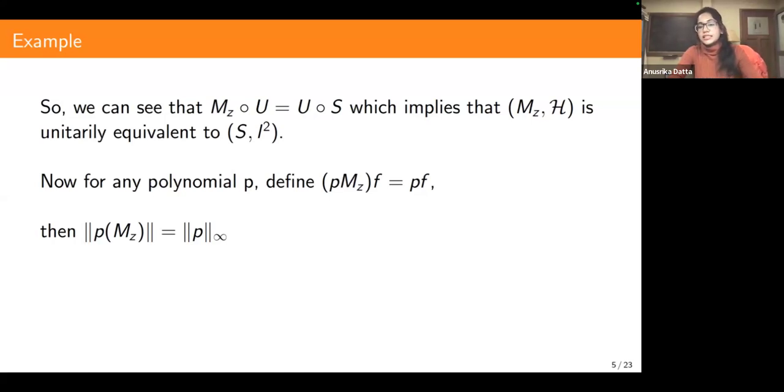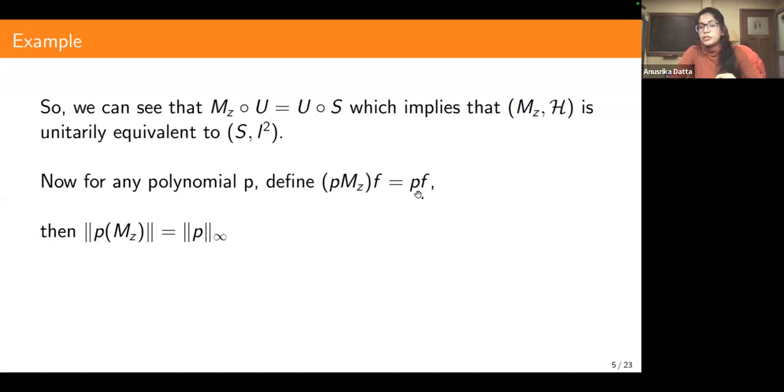Now you can see that this makes our life a little bit easier. It's much easier to consider a function on the Hilbert space and see how it behaves under multiplication rather than under the unilateral shift operator. Now, for any polynomial p, if we define p(M_z) of f as the multiplication of p times f, then we can see that the norm of p(M_z) is the sup norm of p.